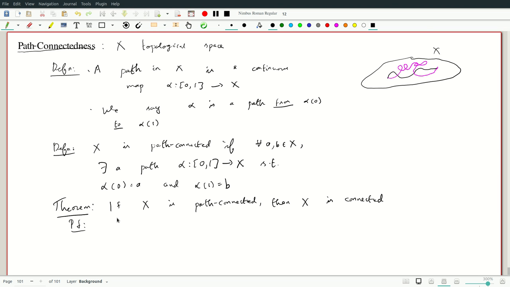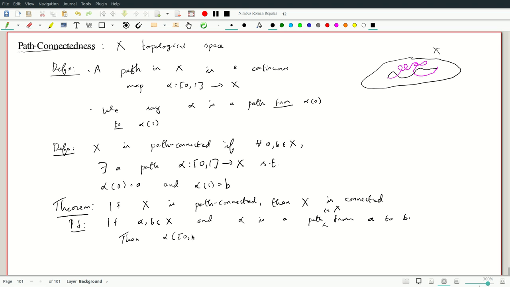So if X is path connected, then X is connected. Well, remember that a space is connected if any 2 points are in the same connected set. So if A, B belong to X and alpha is a path in X from A to B, then what we know is the image of a connected set is connected.